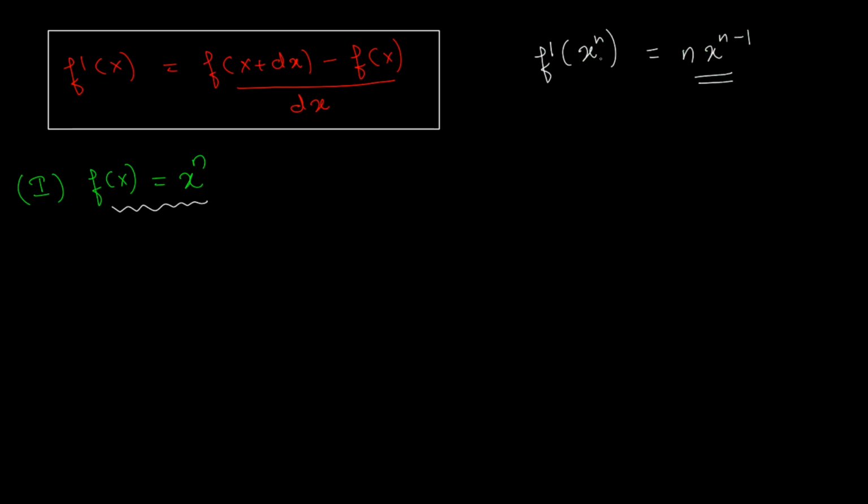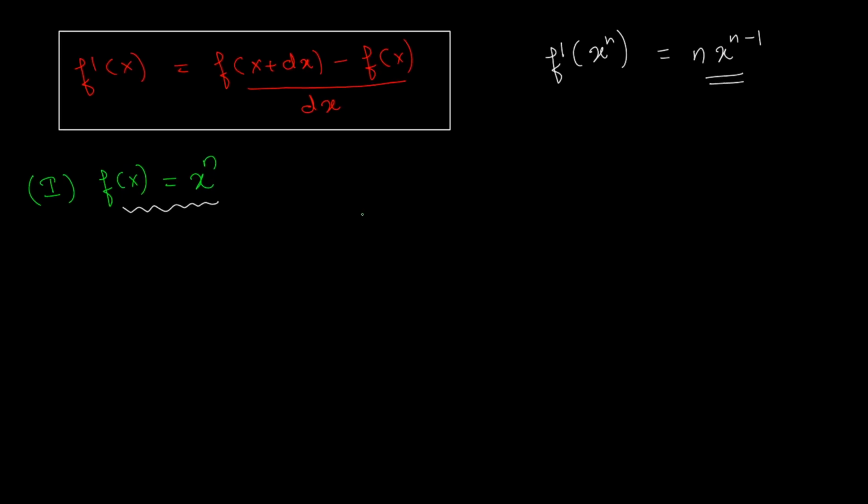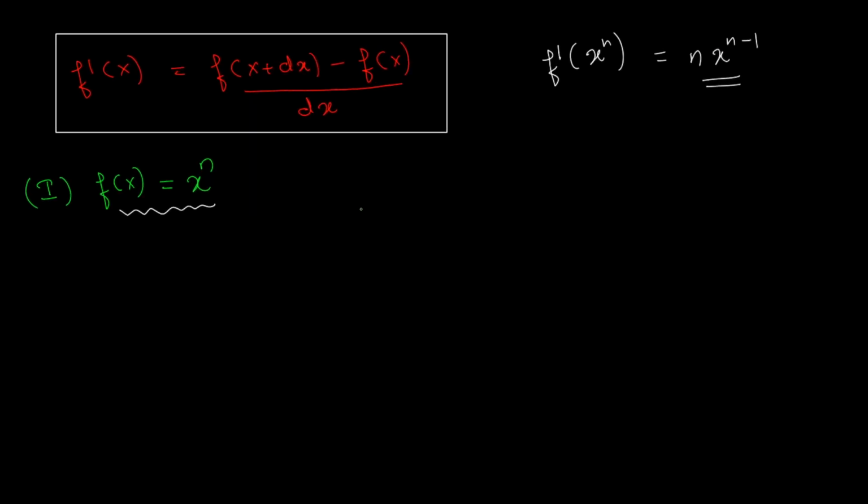I'll be using a little bit of binomial theorem, but rest assured, whatever law or axioms I use, I'll mention them while I'm doing it. Anyway, let's get into this.